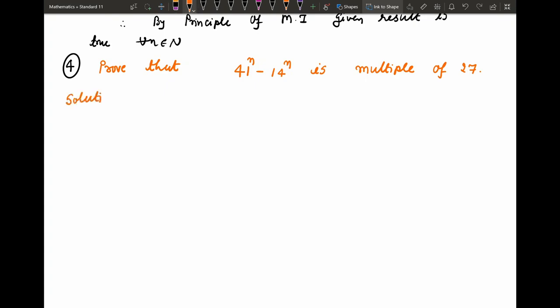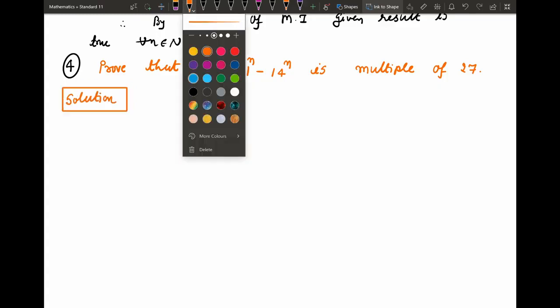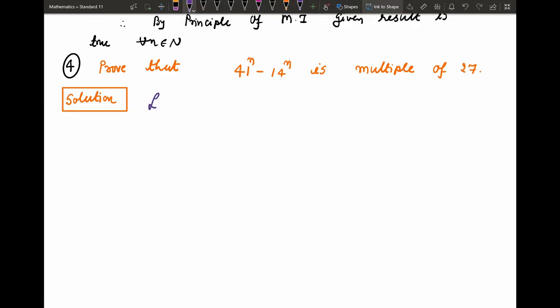Solution. So as usual we denote the statement by P of n. So let P of n be: 41 raised to n minus 14 raised to n is a multiple of 27. First we will prove the result for n equal to 1.